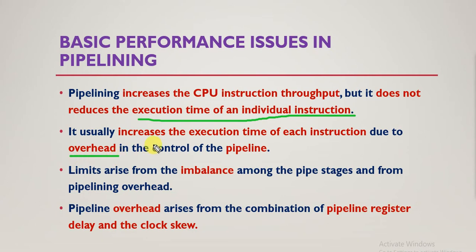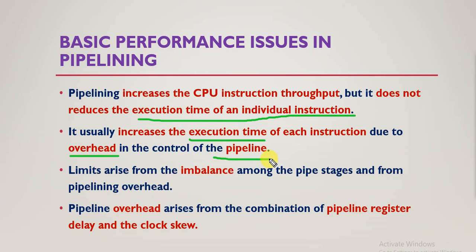So see the problem related to pipelining. It increases the execution time. What we were saying earlier, it will take less time for the execution of an individual instruction. But when it comes to the real pipeline, some additional time will also be taken due to the overhead in the control of the pipeline.